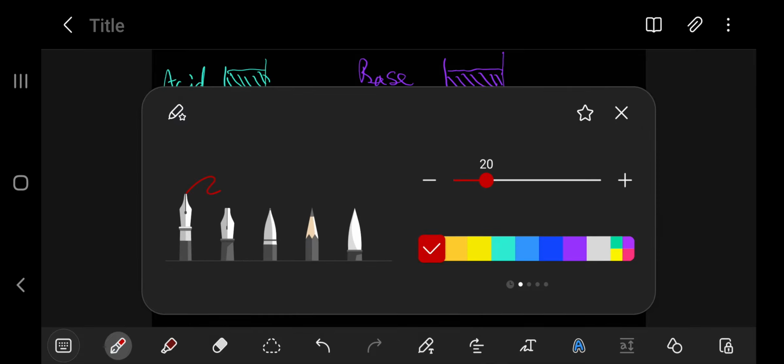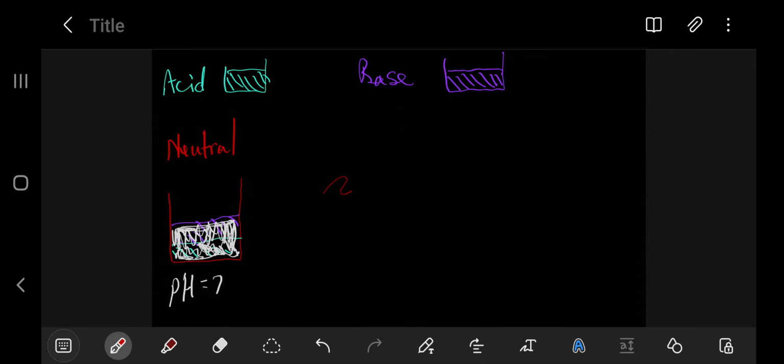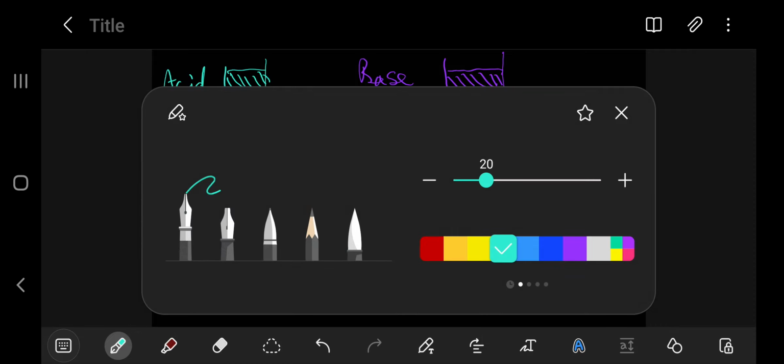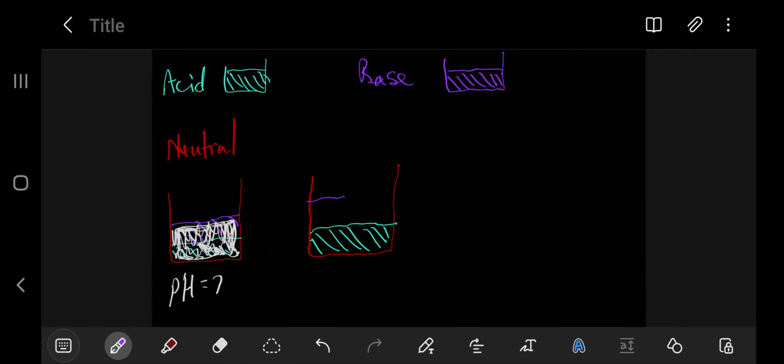And then situation number two, you can have your container here, right? You pour all the acid inside, and then you pour your base inside, wanting these two to react, right?